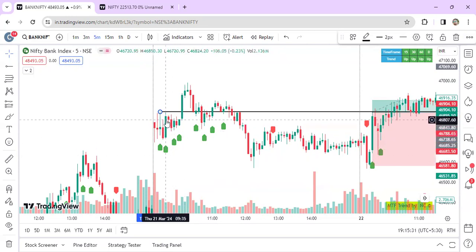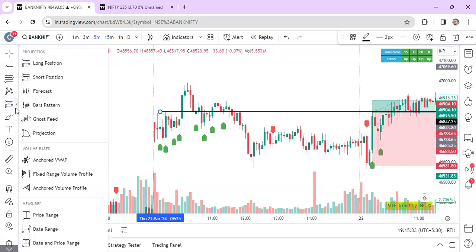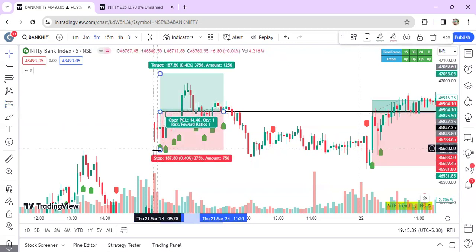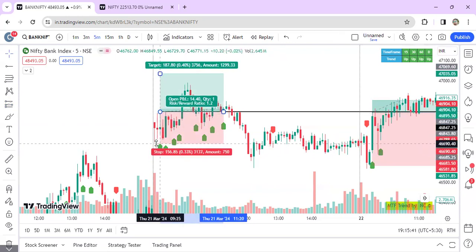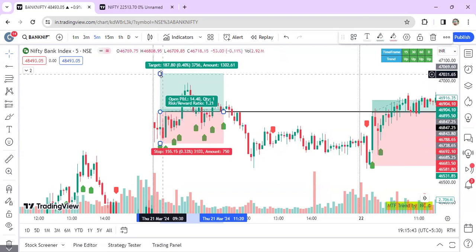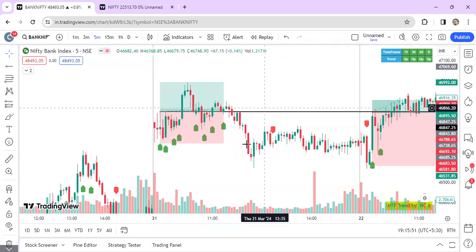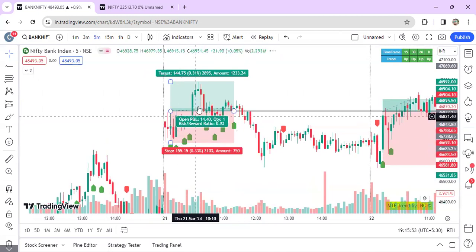Yeah, so this is our entry candle and this is our reference candle. So we'll be keeping the SL as this candle's low, and our target is almost 1:1. Okay, our target is almost 1:1.